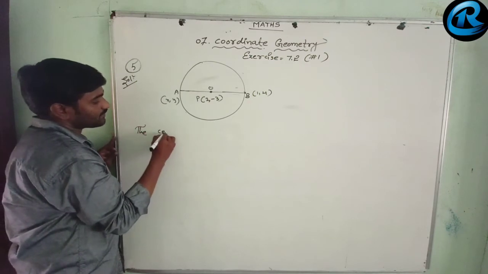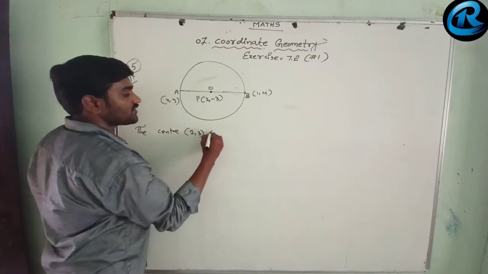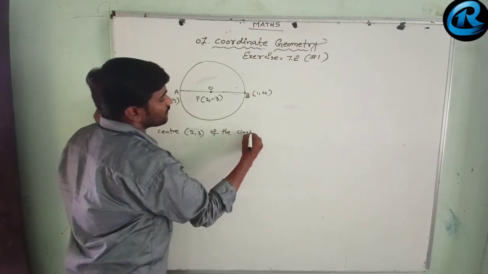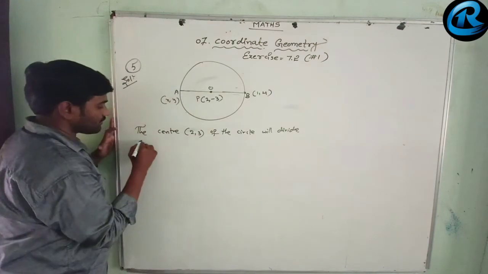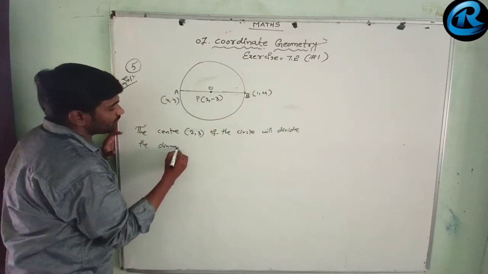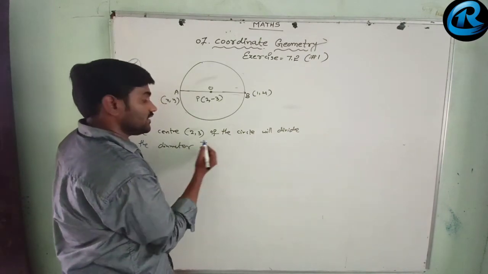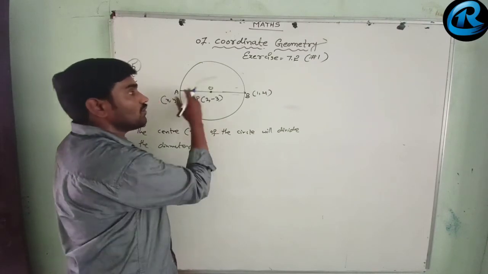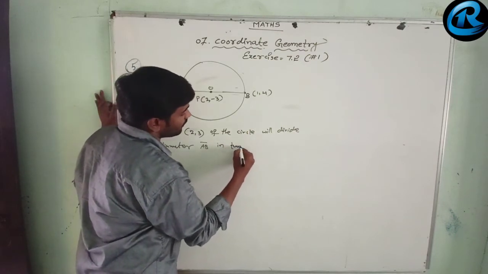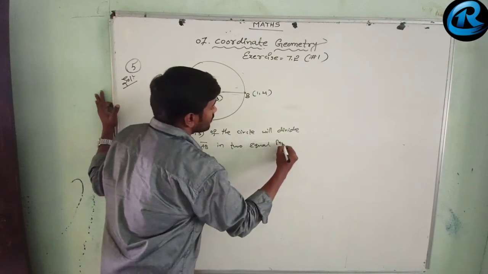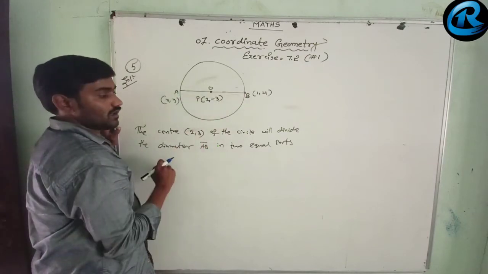The center 2 comma minus 3 of the circle will divide the diameter AB in the ratio 1:1, or into 2 equal parts.